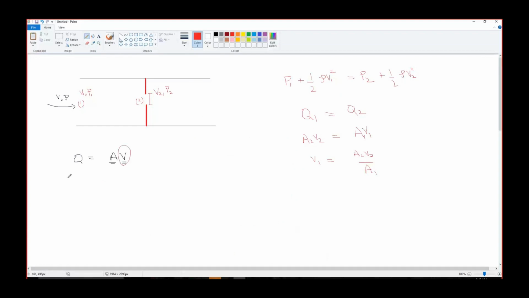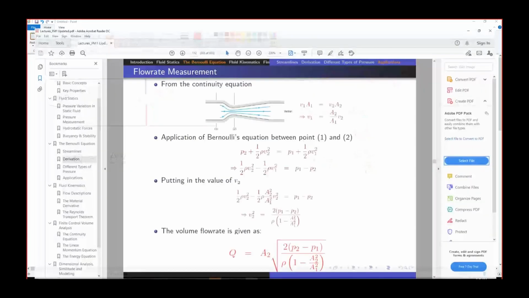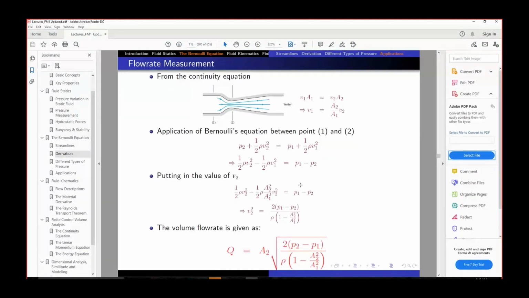We will directly get the Q. So that is a simple flow rate measurement technique: we calculate the velocity between the 2 points using any restriction, and we can calculate the flow rate by multiplying by the known area of the restriction.